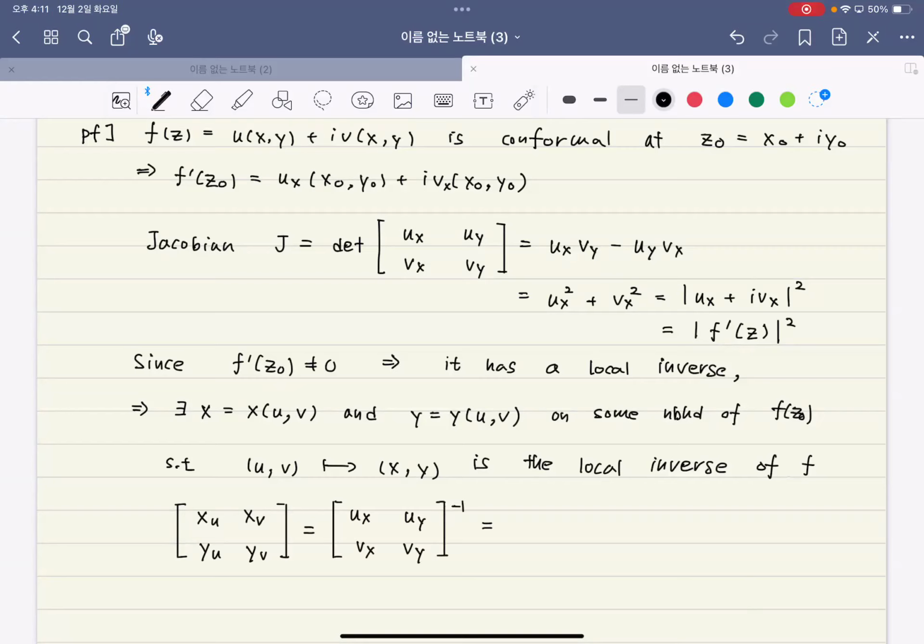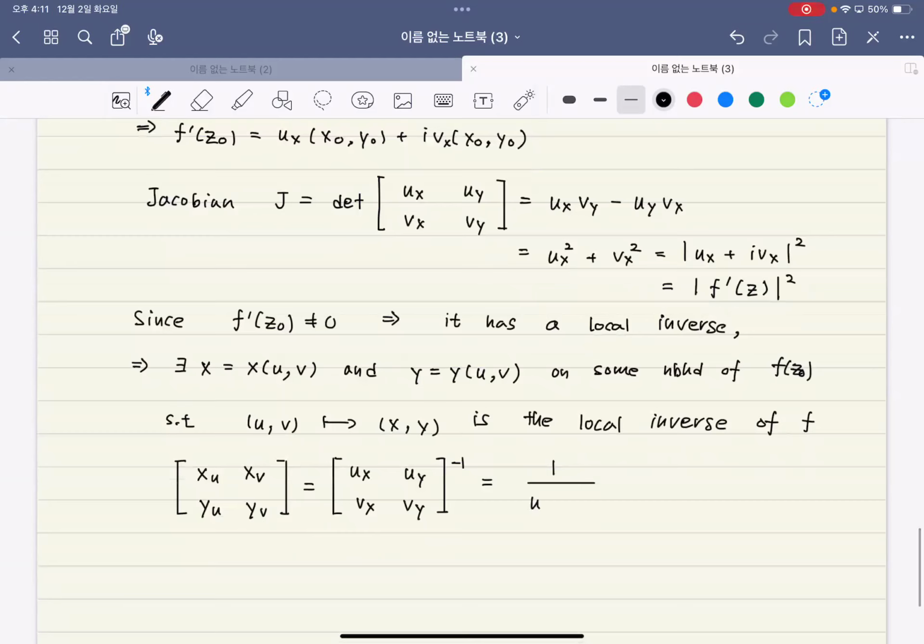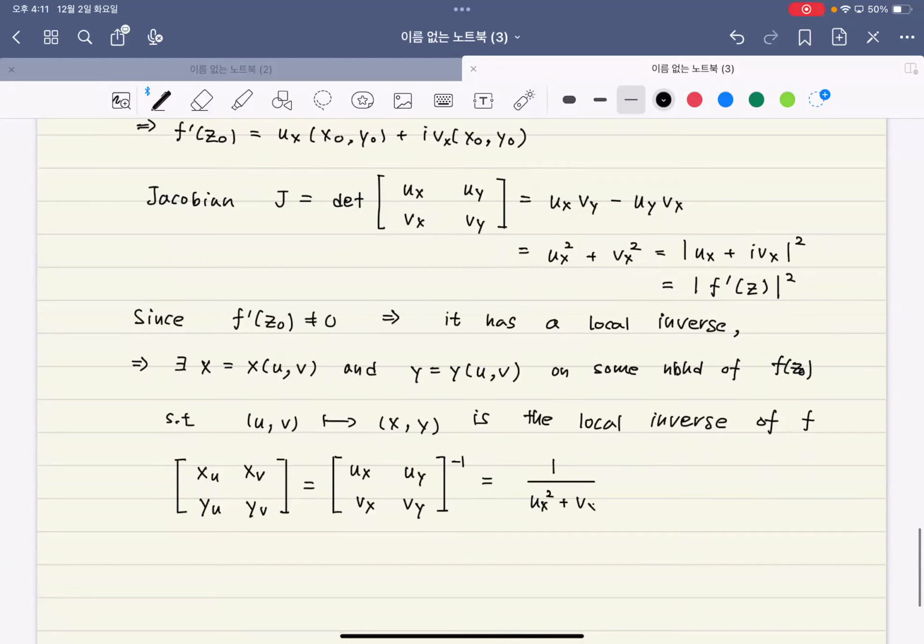I believe you all know how to find the inverse of this 2x2 matrix. First you need 1 over the determinant, which in this case is u_x squared plus v_x squared, times the matrix v_y, minus u_y, minus v_x, u_x. Okay, good.